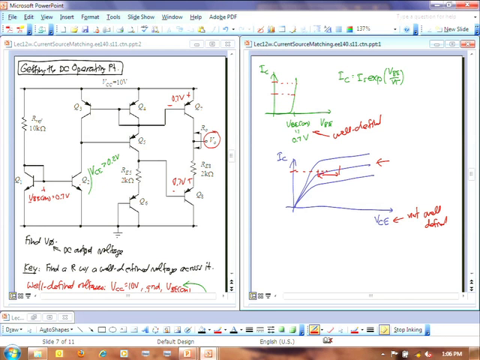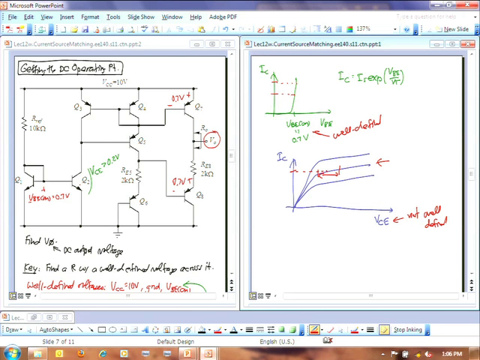Yes? No, I assume all are forward active. But if you do the forward active first and determine that one of those is saturation, and you have to go back and do everything again, can you assume that all of them are in saturation? No. You assume just that one is in saturation. It's going to be an iterative process, right?